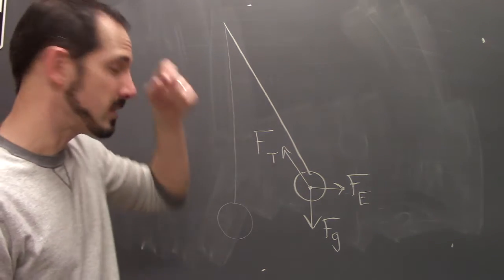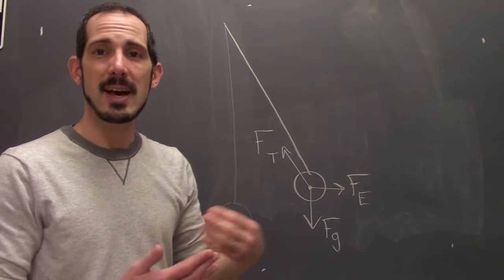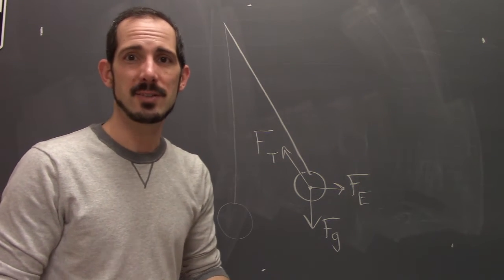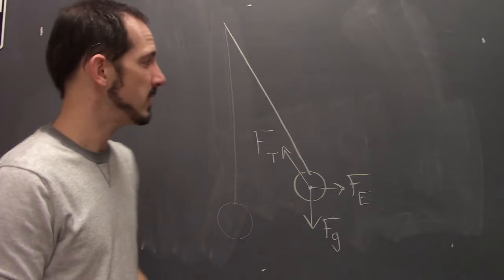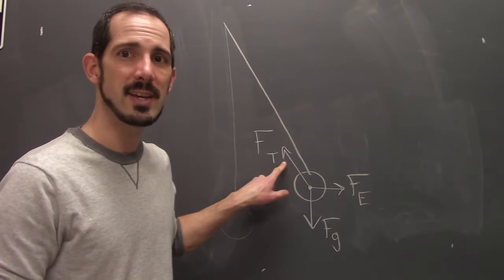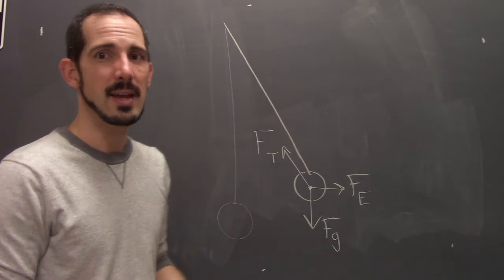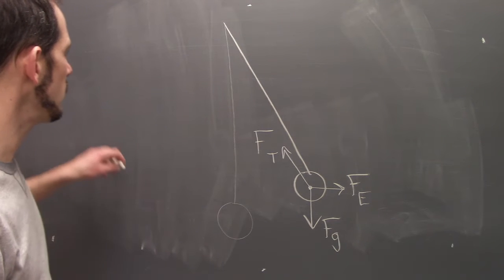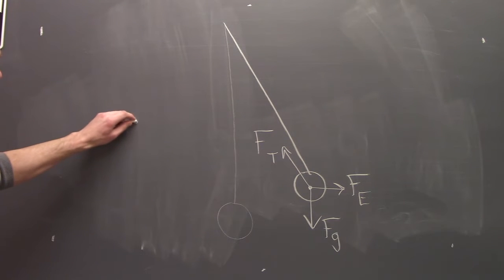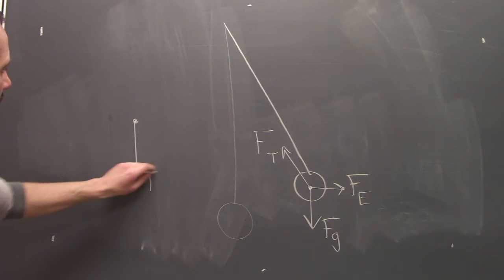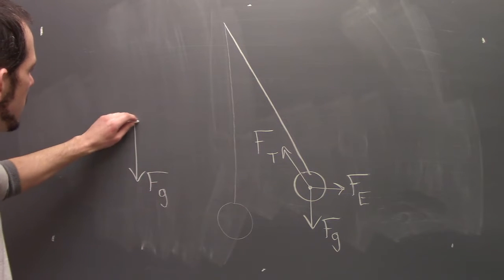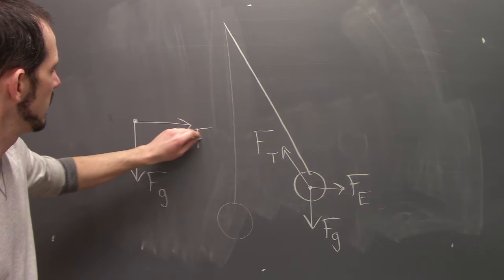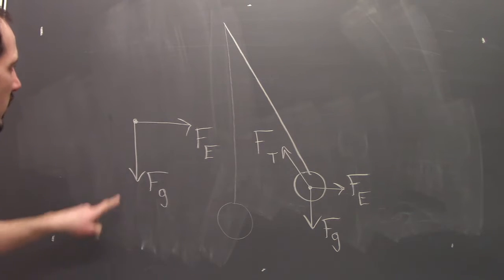And we know that there is a balance here. This ball is not accelerating. Therefore, the forces are balanced in both the x direction and in the y direction. So we know we have to resolve Ft into an x component and a y component. So doing that over here, you can say Fg is down, F sub E to the right. We don't know these two are equal.